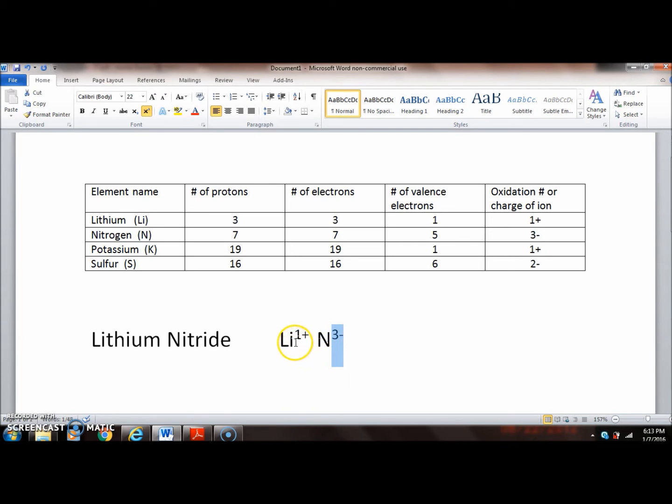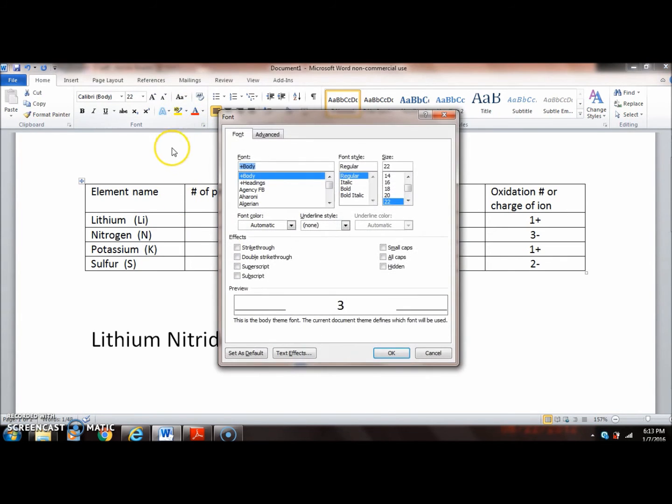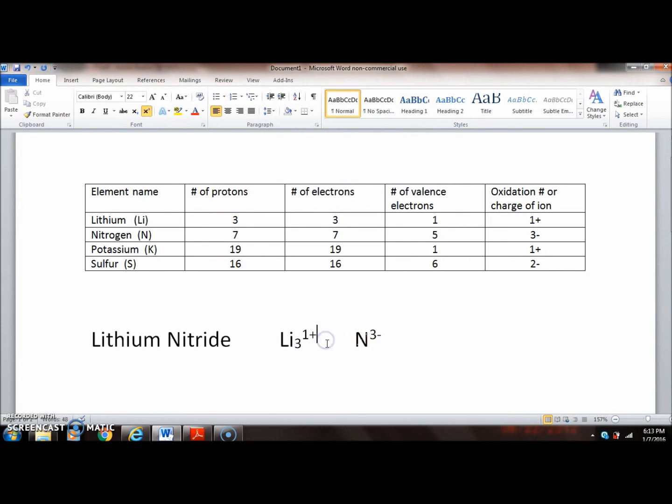So we would have to go back here and put 3 atoms of lithium. So now when we do our math, 3 times 1 is 3, and then you have negative 3 over here, so these ions all cancel each other out.